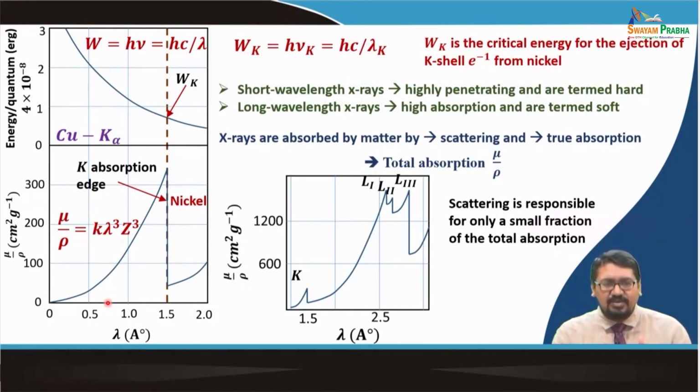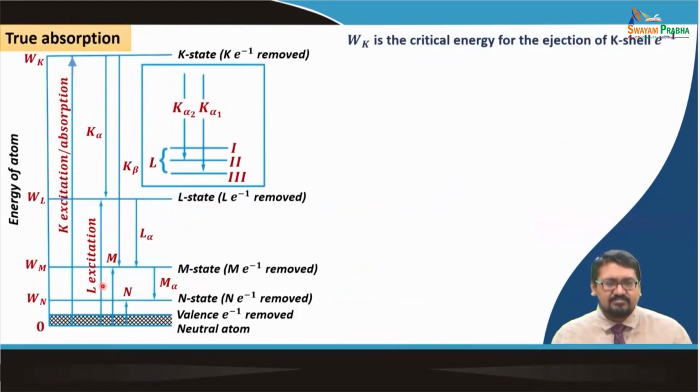Therefore there will always be a K absorption edge, but the absorption is reducing as the lambda is decreasing, and therefore the penetration depth is increasing.